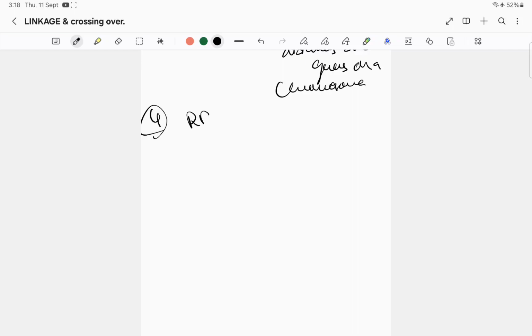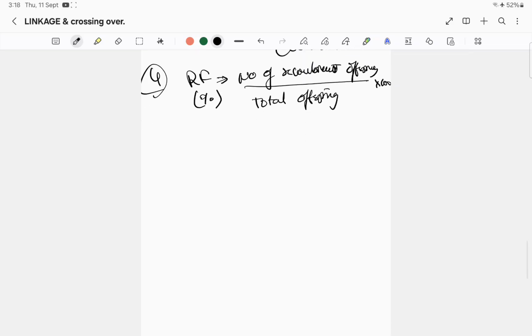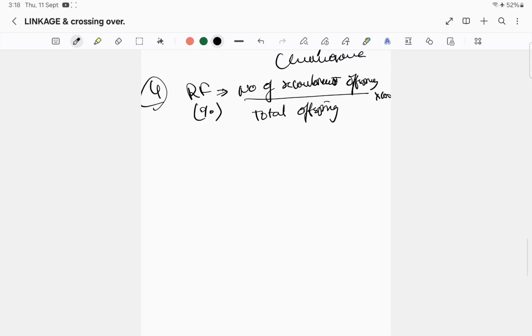The formula for recombination frequency, which is always expressed as a percentage, is number of recombinant offspring divided by total offspring, times 100.